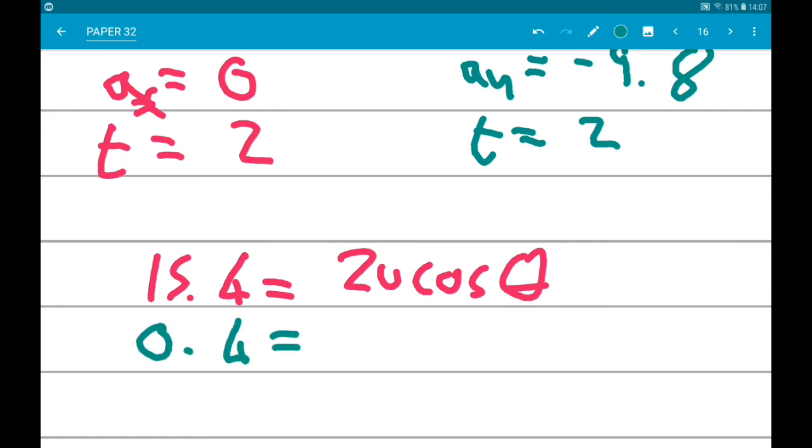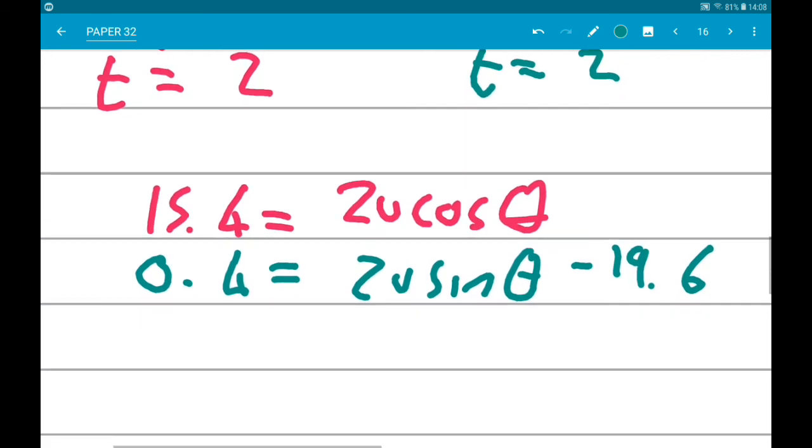So that's 2u sine theta add 1/2 times minus 9.8 times 2 squared. So that's minus 19.6. So from that one, we get 20 is 2u sine theta.